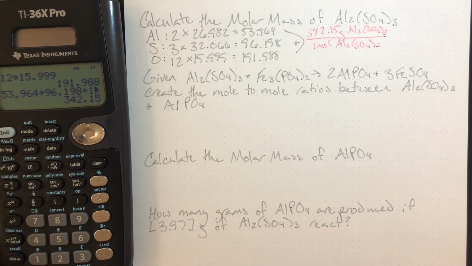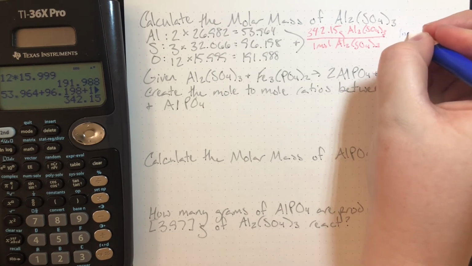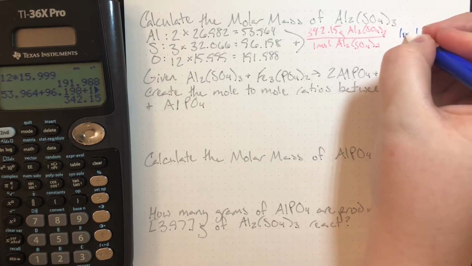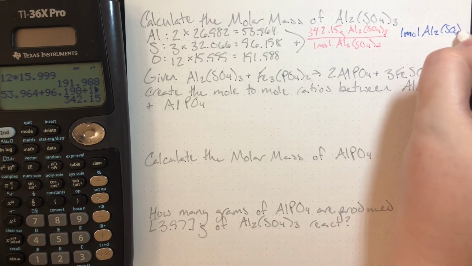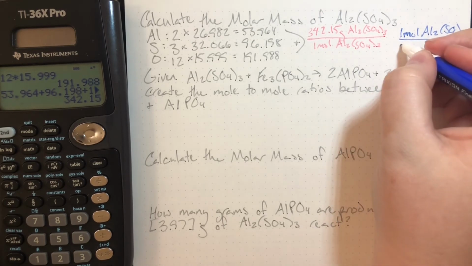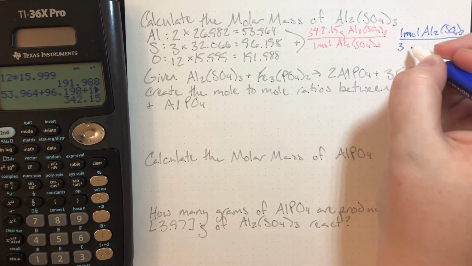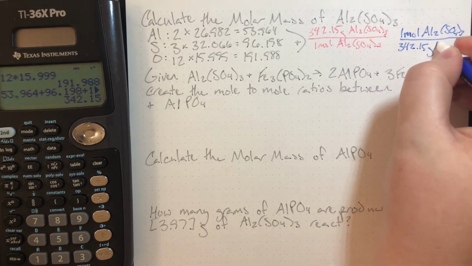Since it could be used in a dimensional analysis problem, I will write the molar mass as a conversion factor flipped so that I can have access to both versions if I need them. This effectively gives me that 1 mole of aluminum sulfate is equal to 342.15 grams of aluminum sulfate.